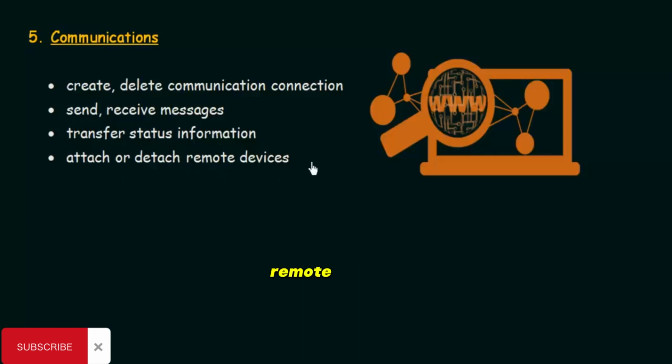There may be remote devices attached to the system, or which may have to be attached to the system. For attaching and detaching those devices, we also need communications, because these are remote devices. So communication is required to attach or detach them. All these system calls that are related to communications fall under this category of communications system calls.